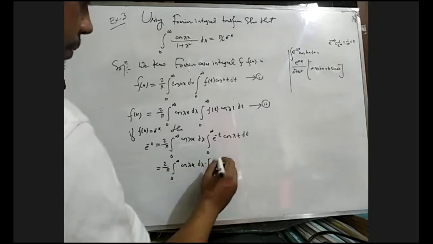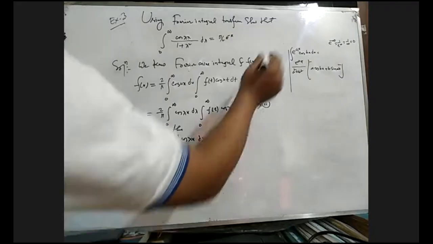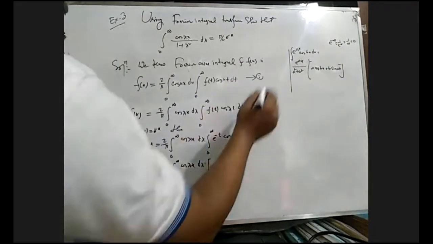So a equals to minus 1 and b equals to lambda.